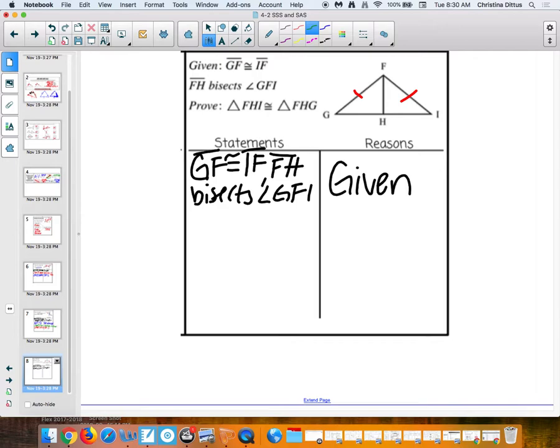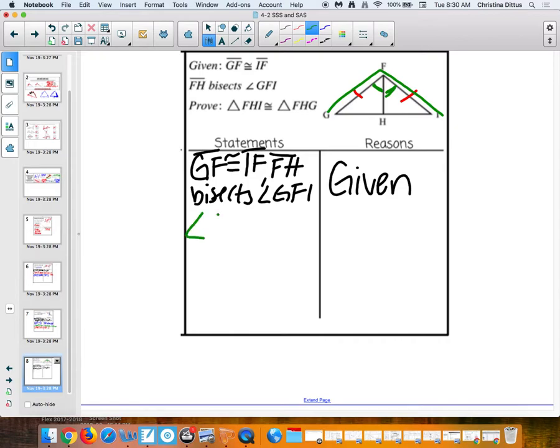So if it cuts this angle in half, what angles am I looking at? The smaller ones. What angles are my two halves now? This angle and this angle. And we know that they are what? Congruent.